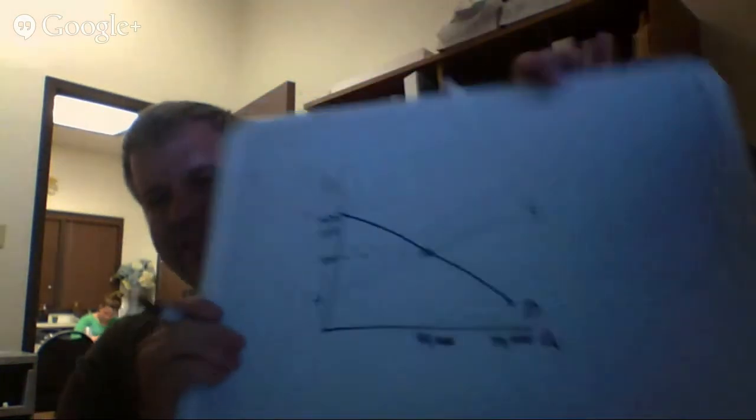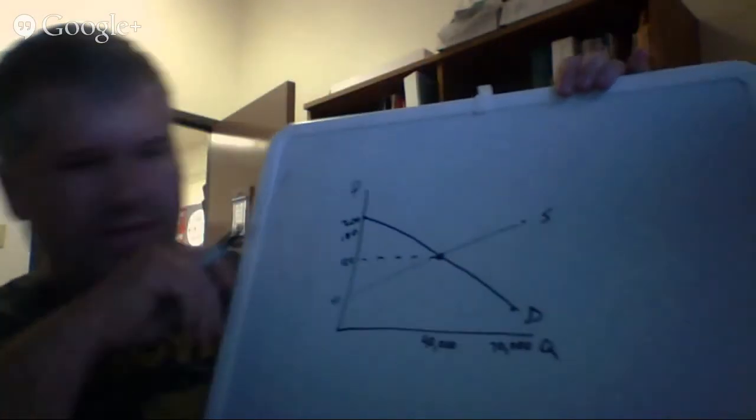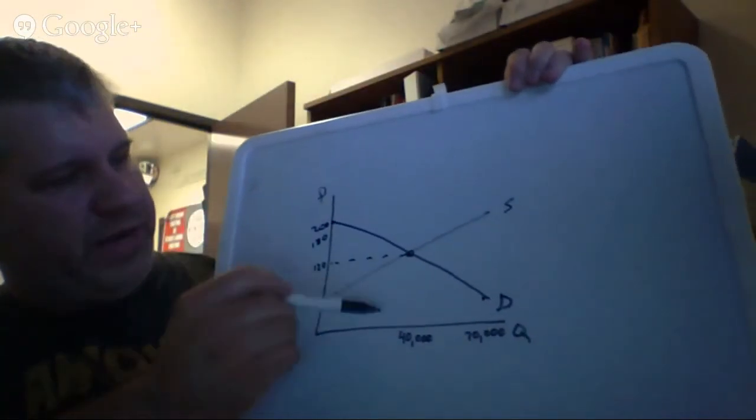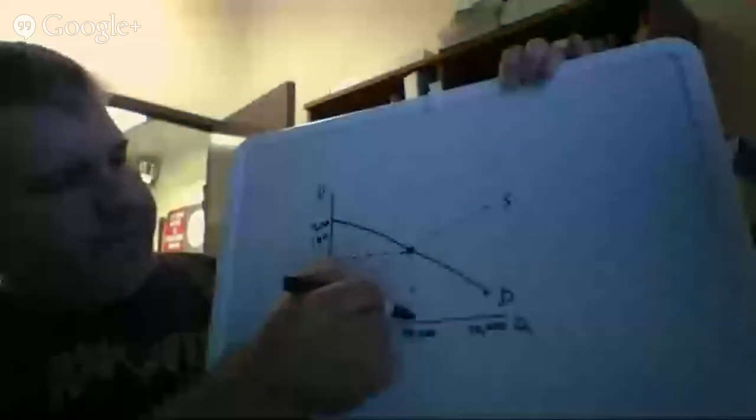So first off, equilibrium on this graph occurs at 40,000 units or 40,000 bungee jumps at a price of 120. So you end up with a graph that's something like this. Now I labeled the price over for you, and the quantity down.